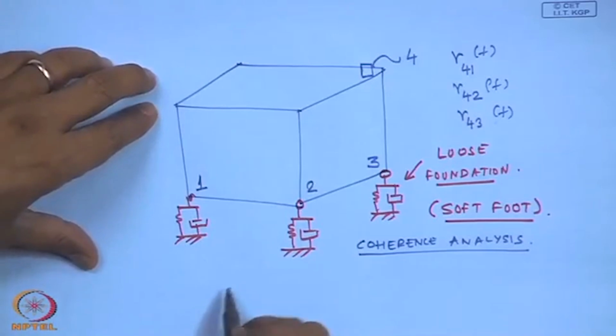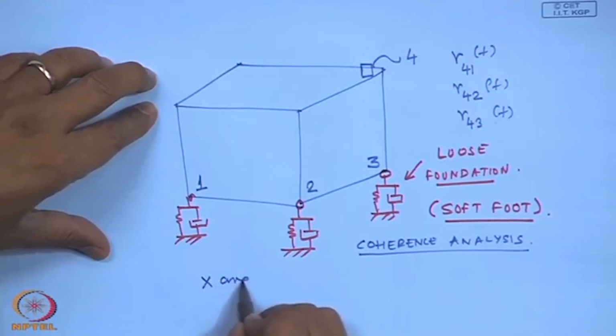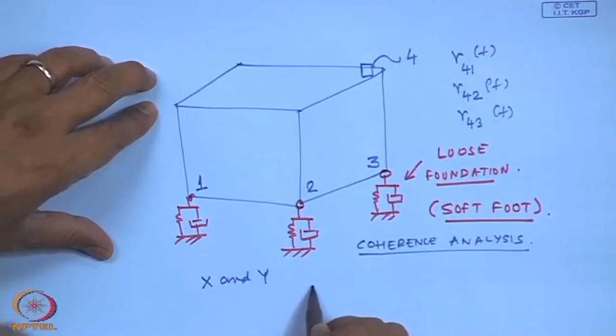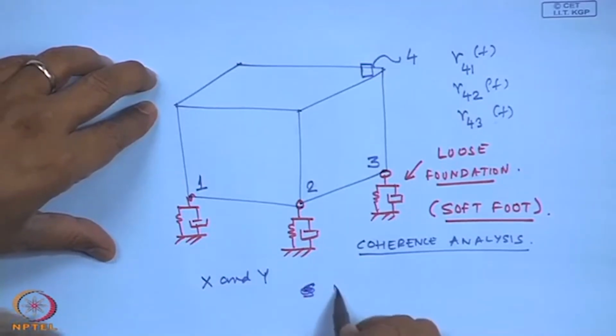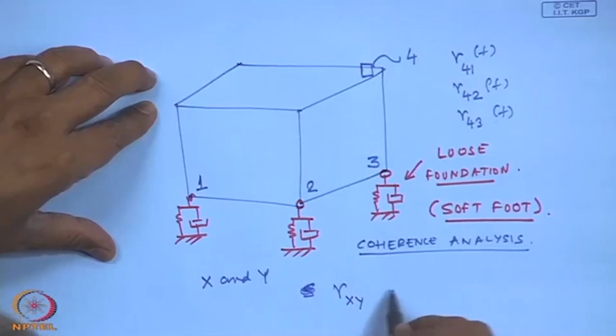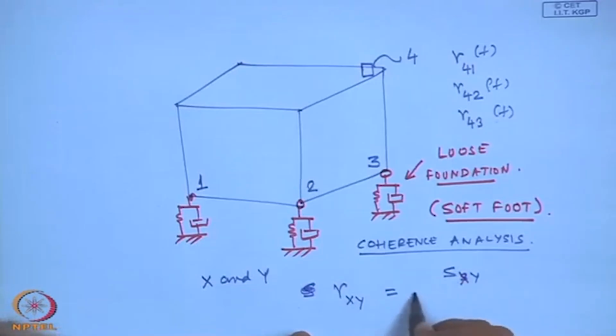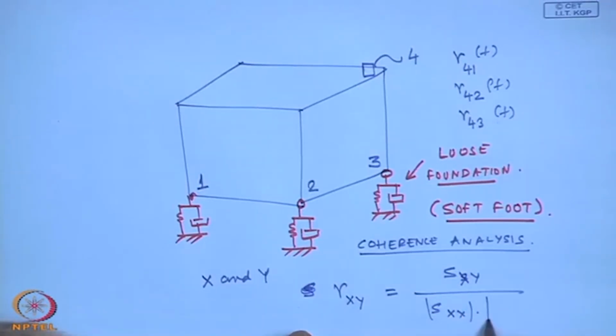And how is this coherence function between any two signals x and y denoted? So, gamma xy is nothing but Sxy by Sxx times Syy.